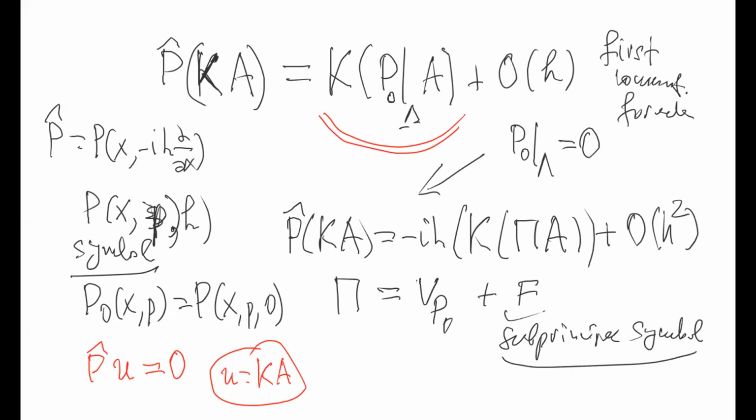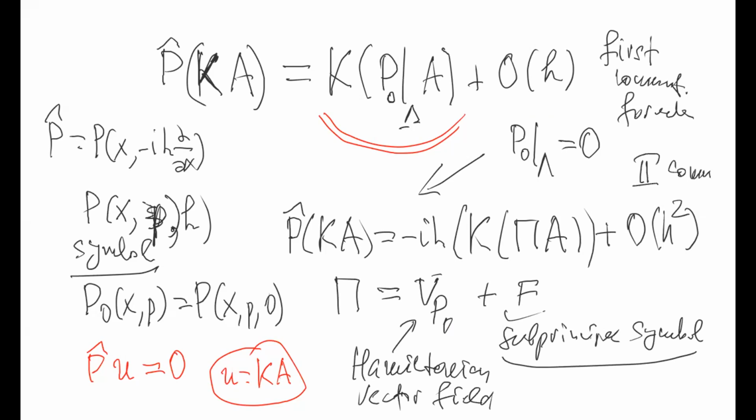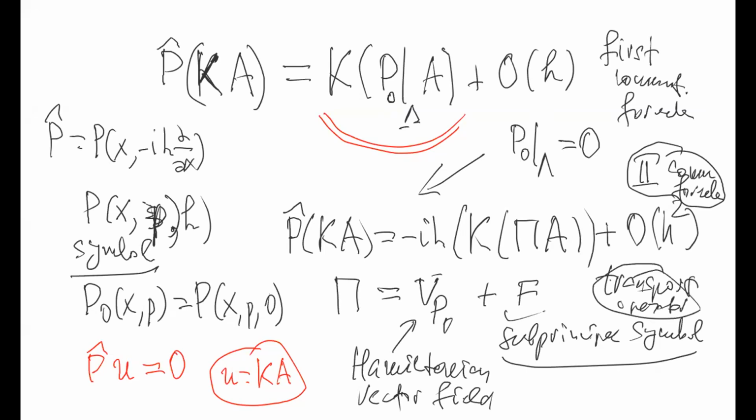And V is the Hamiltonian vector field. This is the second commutation formula. And this P is known as the transport operator. This makes sense because if the P naught is 0 on lambda, then the Hamiltonian vector field is tangent to lambda, so this operator is well defined on functions defined on lambda.